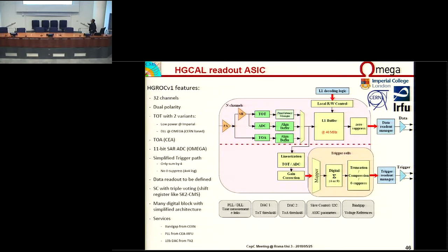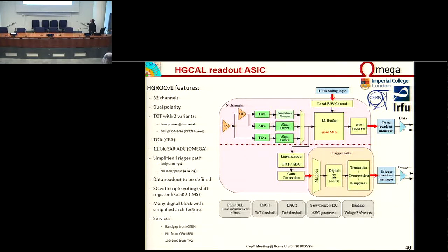So the digital part of this chip will have a lot of things to do. There is this aligning of things. There is a level 1 buffer with local zero suppression. This will be controlled by an external command. We need to make a linearization of the charge measurement. We can then apply a gain correction.